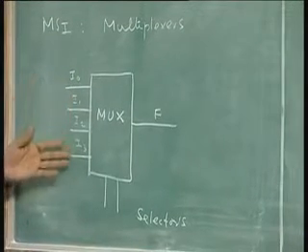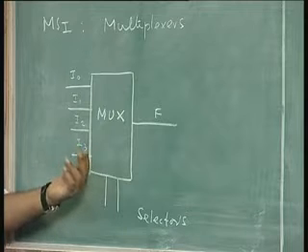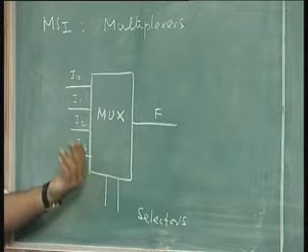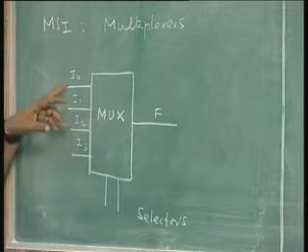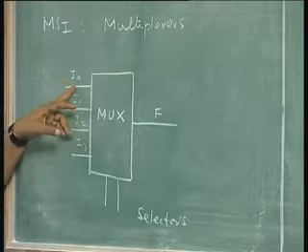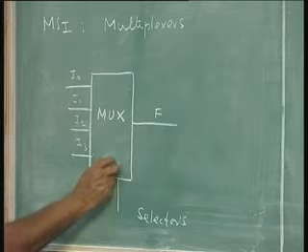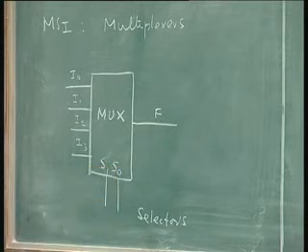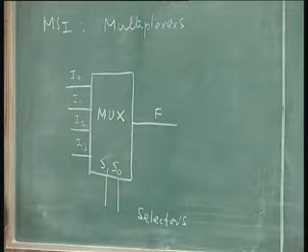If you have 4 inputs and one of them has to be output, how many selectors do I need? 2, because 2 selectors can have 4 combinations, and each one of those combinations can connect the given input to the output. So I'll call these selectors S1 and S0. S1 and S0 are the selector signals, I0, I1, I2, I3 are the input signals, and F is the output signal.